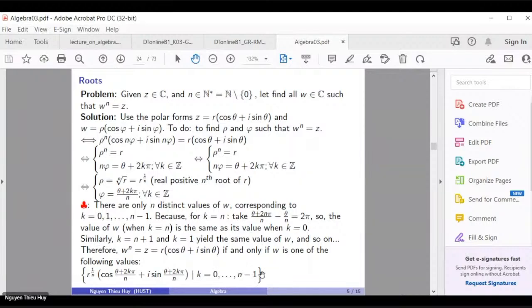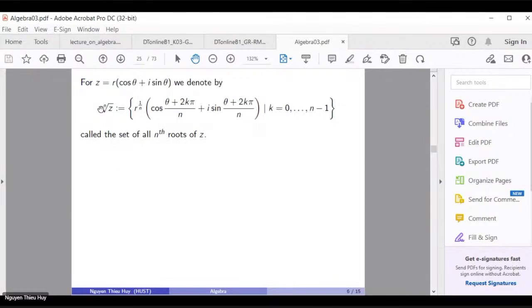And so let's give this set a name and a notation. For z equals r times cos theta plus i sine theta, we denote the n roots of z to be this set: the set of all values such that when you raise them to the power n, you obtain z.